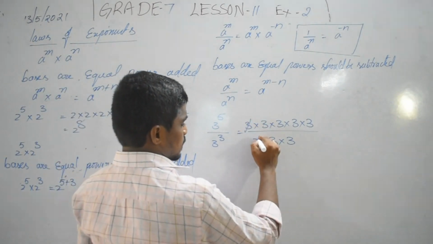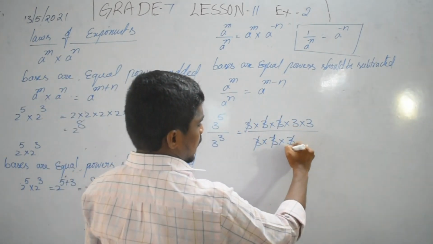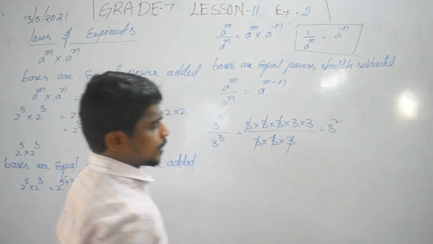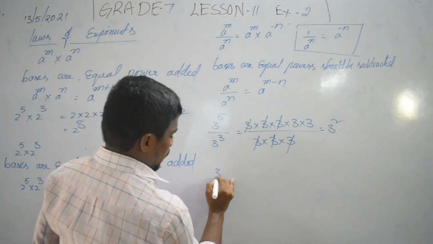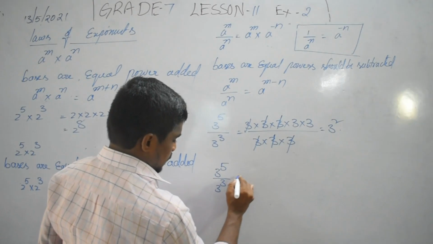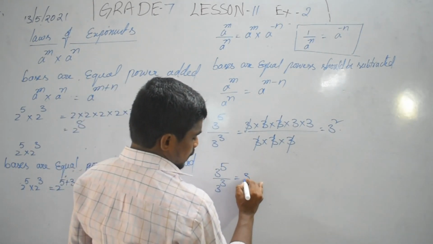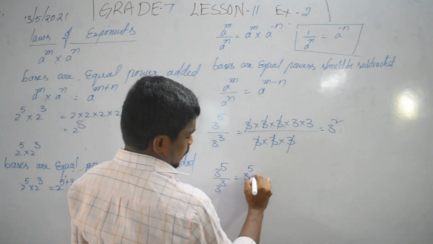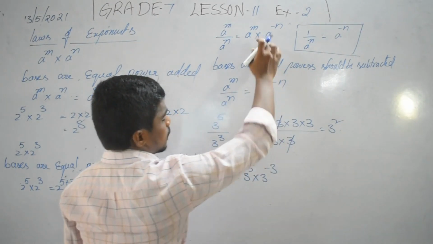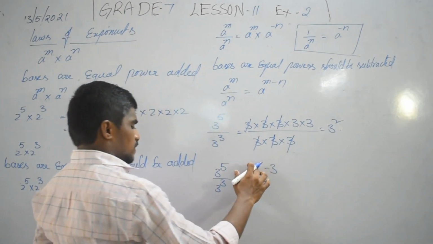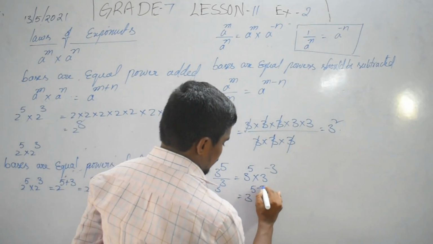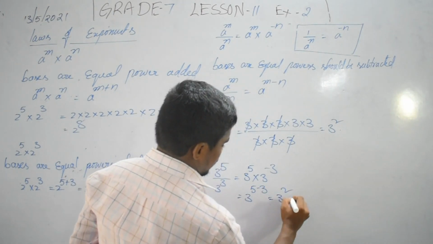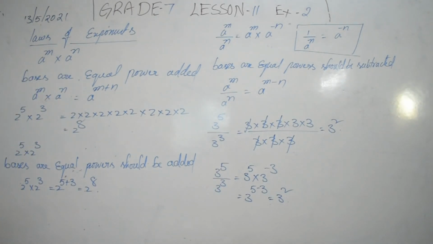So cancel, cancel, cancel, remaining 3 square. Now using the formula, 3 power 5 by 3 power 3, the bases are equal. If the power has a plus symbol, add; if a minus symbol, subtract. 3 power 5 minus 3 is 3 square. Right.